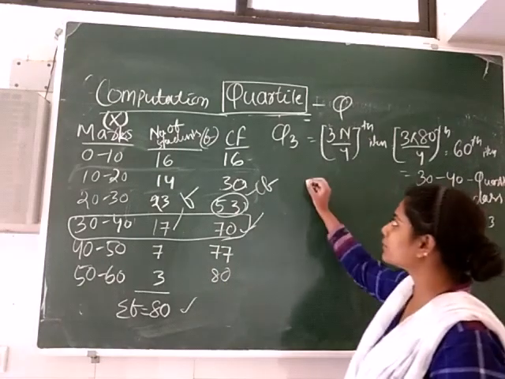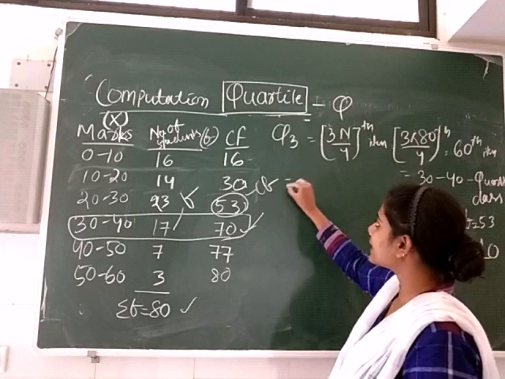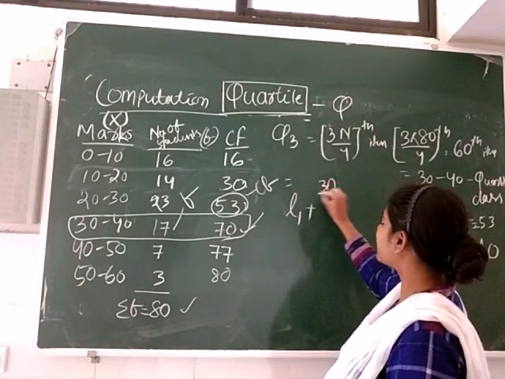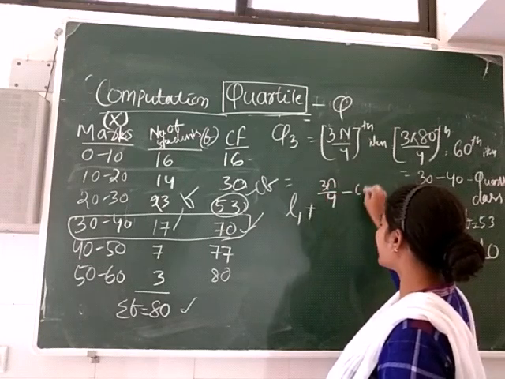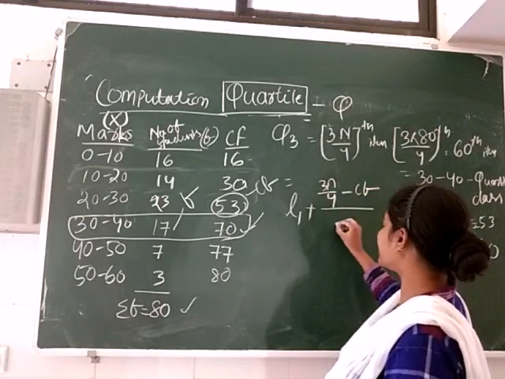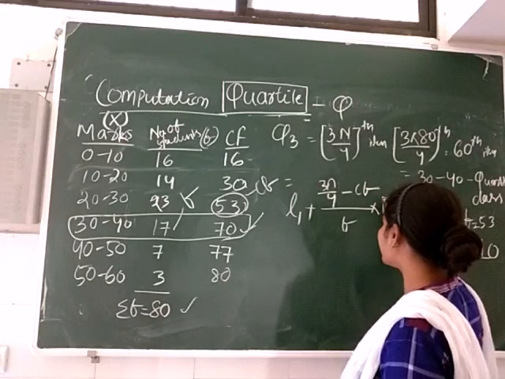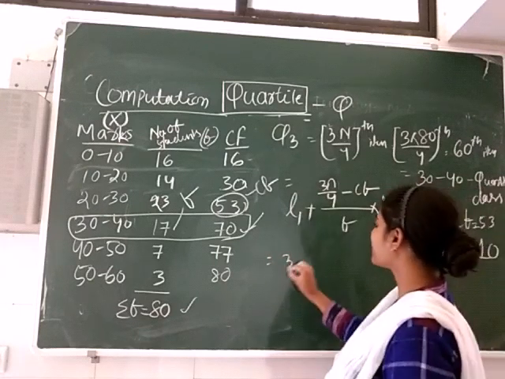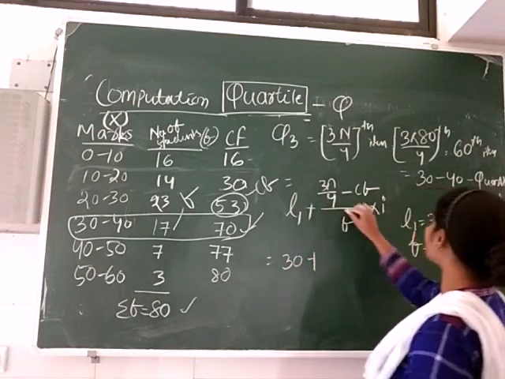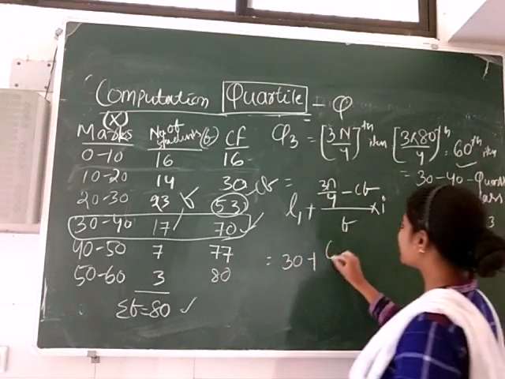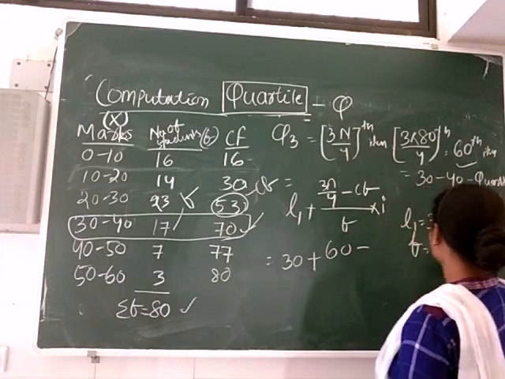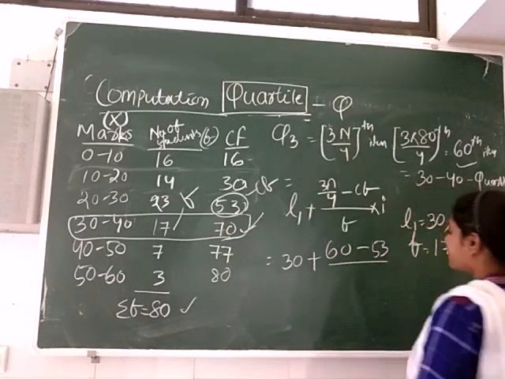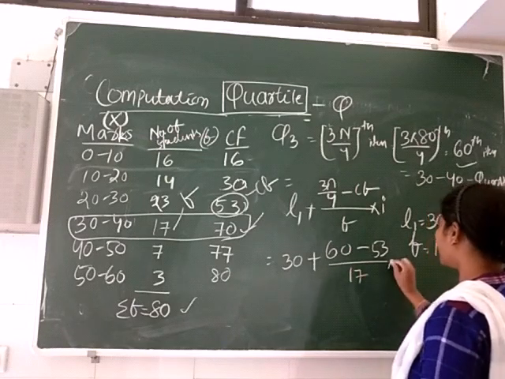And now we put the formula of Q3, that is L1 plus 3n by 4 minus CF whole divided by F into I. So L1 equals 30 plus 3n by 4 is 60 minus CF equals 53, whole divided by 70 into 10.